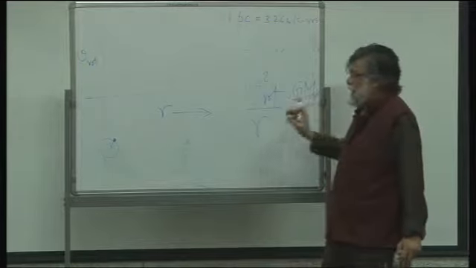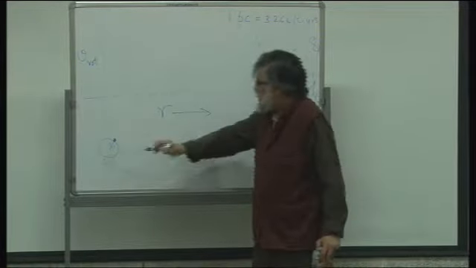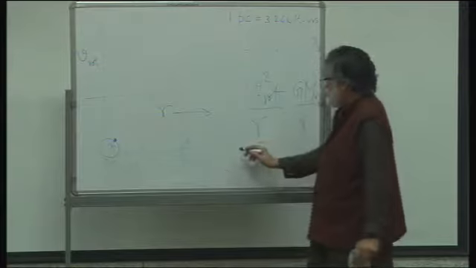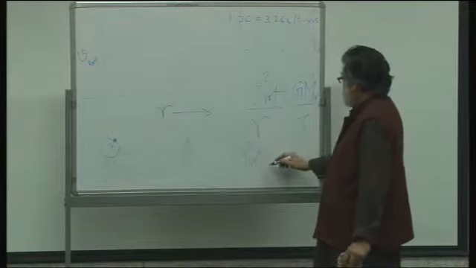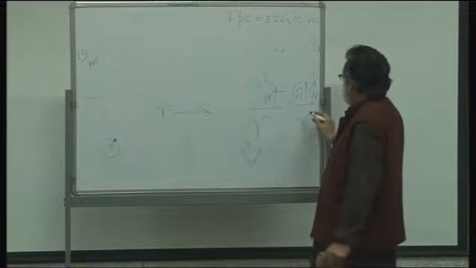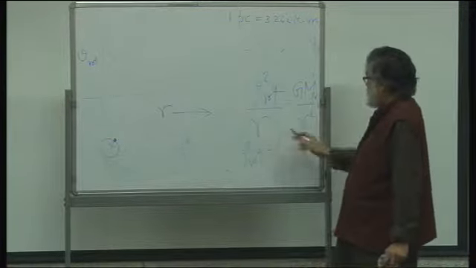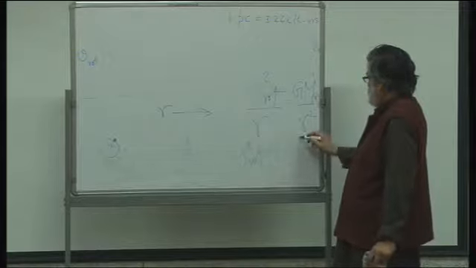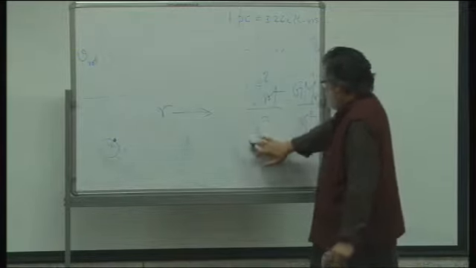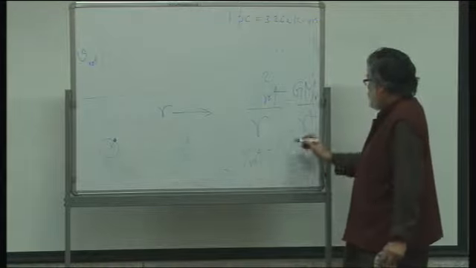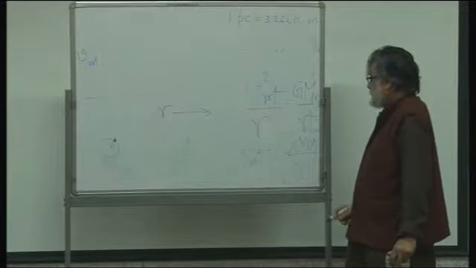Because M(r) is small, what would you expect from this? Since v square rotational is GM(r) by r square, sorry, GM(r) by r. So therefore v rotational is the square root of GM(r) by r, which is nothing but Kepler's law.